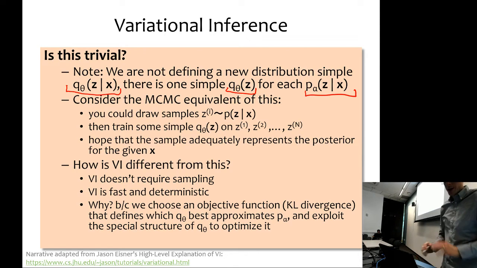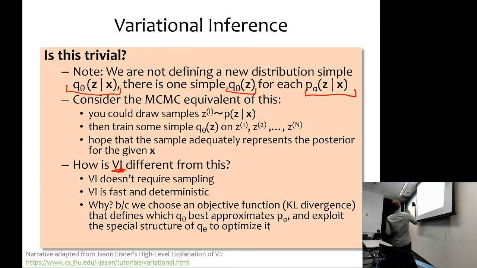Okay, so the question is, how is variational inference different from this Markov chain Monte Carlo thing? Well, for one, variational inference does not require sampling. Two, it's usually a lot faster, and it's also going to be deterministic. Then the question is, well, why? The reason is that we choose some objective function.